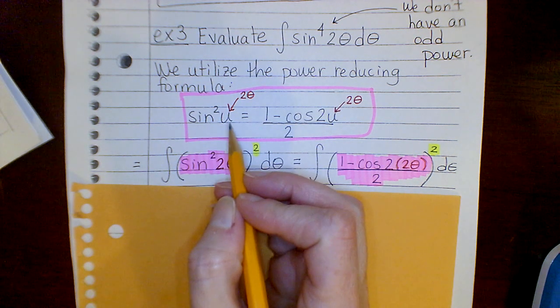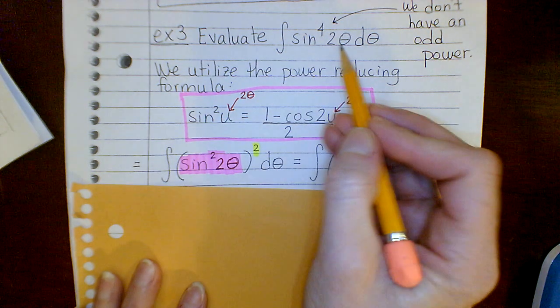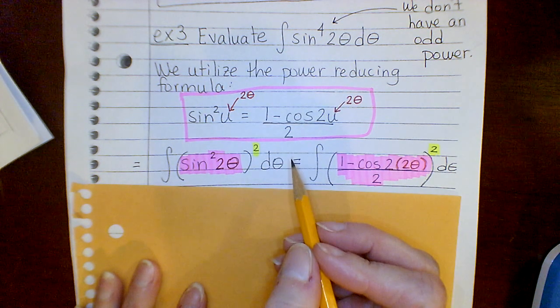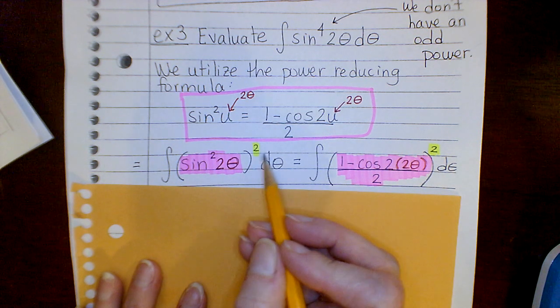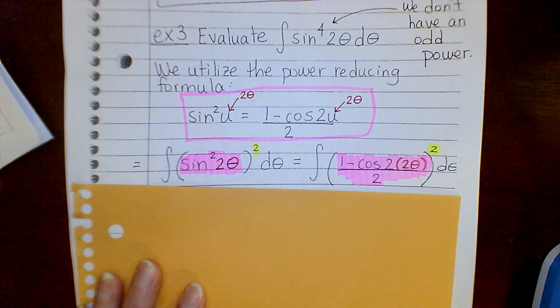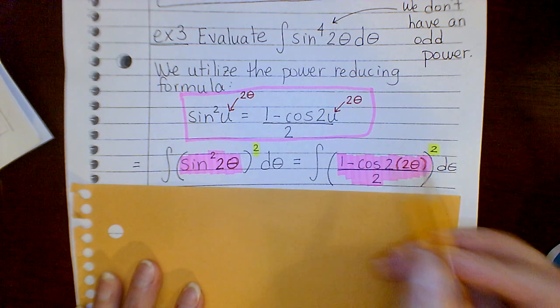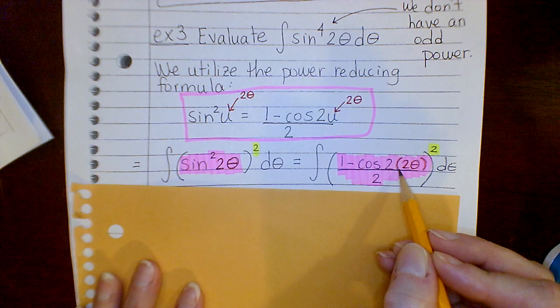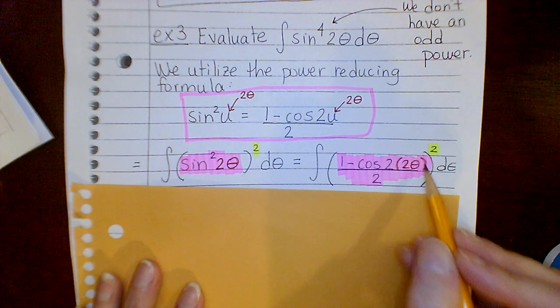So in this case my u is 2 theta. Right, that's my argument of the sine function. So it's sine squared 2 theta. And then we have this outer squared that's going to give me my fourth power here. Okay, so all of this becomes this from the power reducing formula. So 1 minus cosine 2u, in this case my u was 2 theta, all over 2.